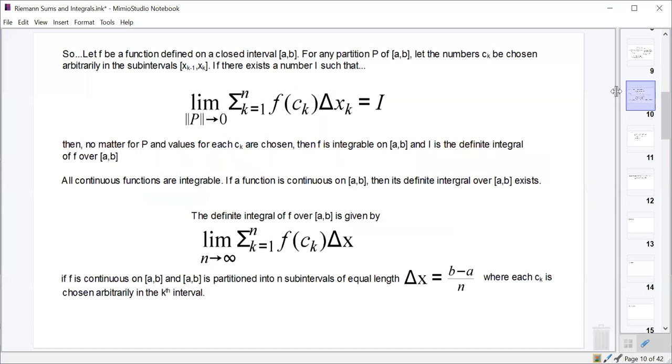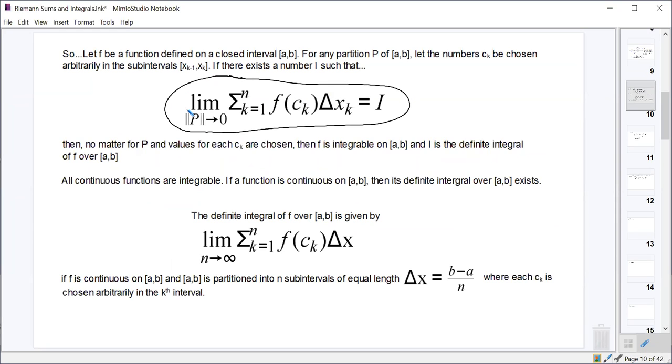And so if I were to do that, we could then sum them all together by using a limit, right? And so what we've got here is the limit as the norm of the partition, that's what this double bar with a P is, and the norm of the partition is just the largest subinterval that we have.